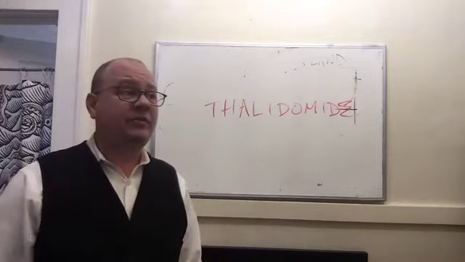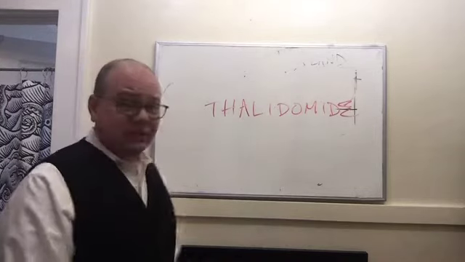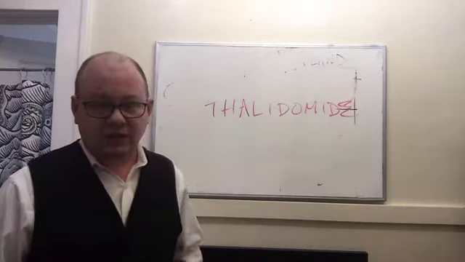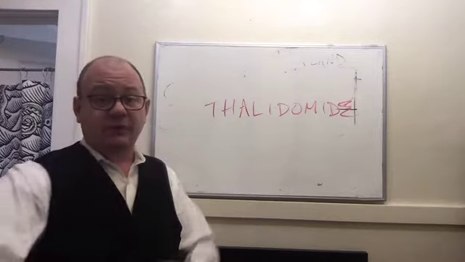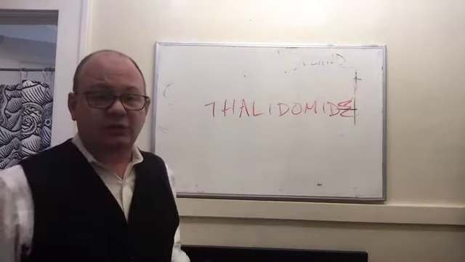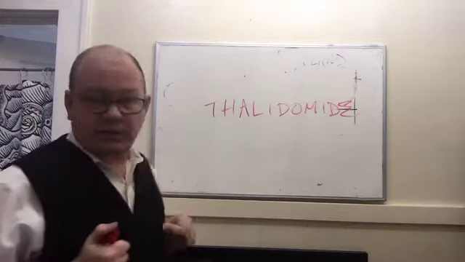It made the nausea a lot easier. Turns out it also had a tendency to cause severe birth defects. And one of the birth defects would be people with these really short little kind of Tyrannosaurus Rex arms.